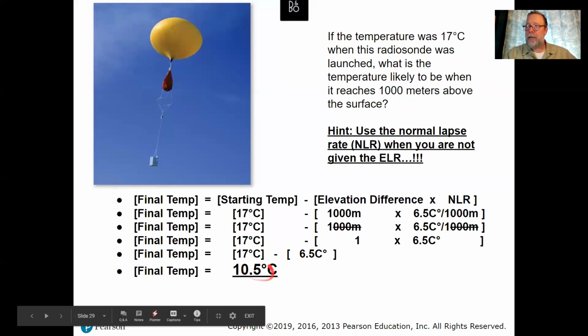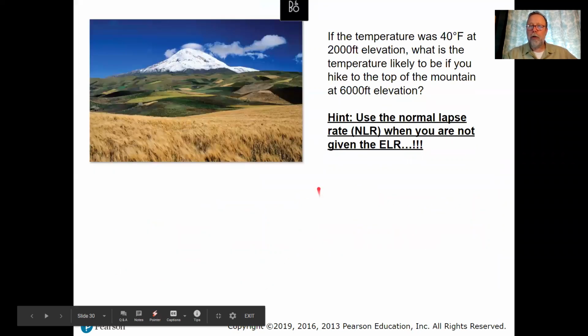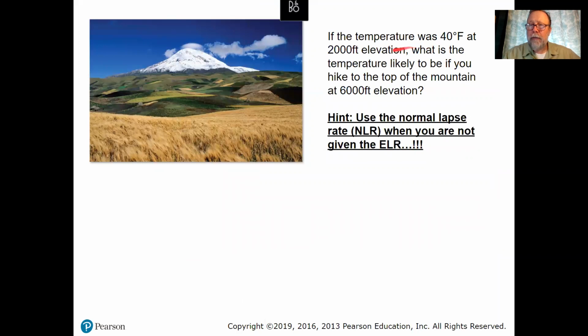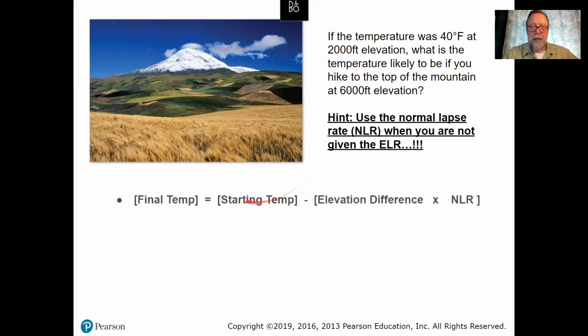One more real quick. If the temperature, these are in English units, was 40 Fahrenheit at 2,000 feet elevation, what is the temperature likely to be if you hike to the top of the mountain at 6,000 feet elevation? Again, you'll use the normal lapse rate, but this time you'll use the English units. So final temp equals starting temp minus elevation difference times normal lapse rate.